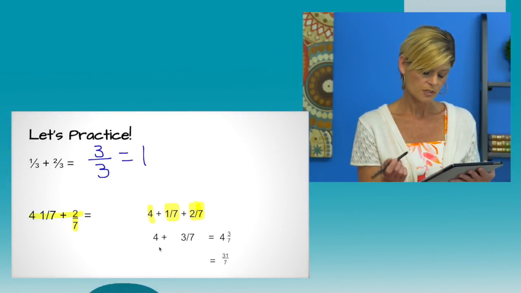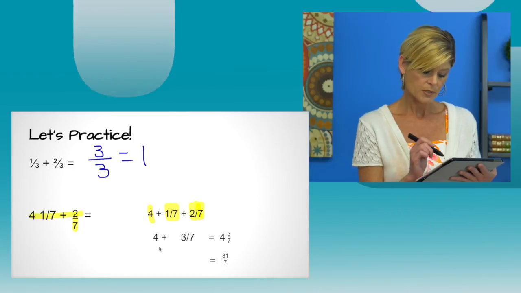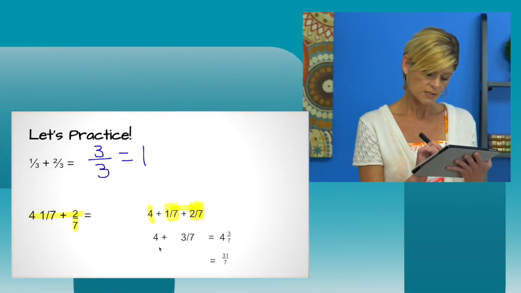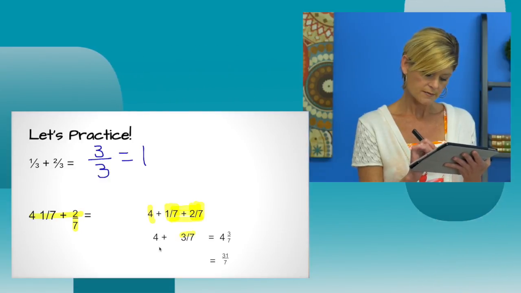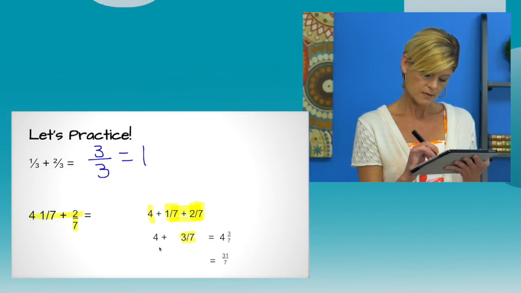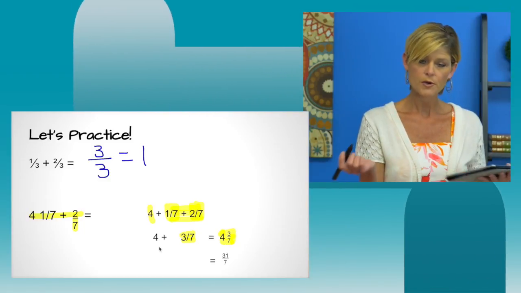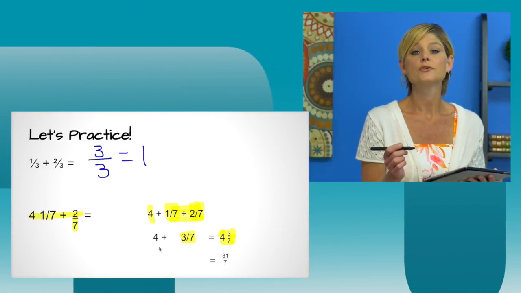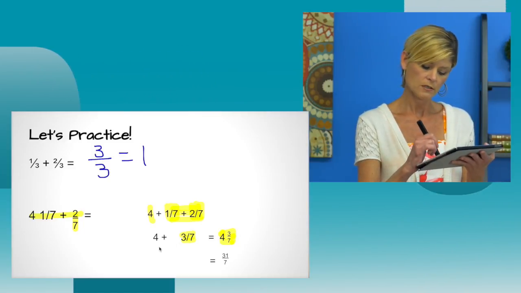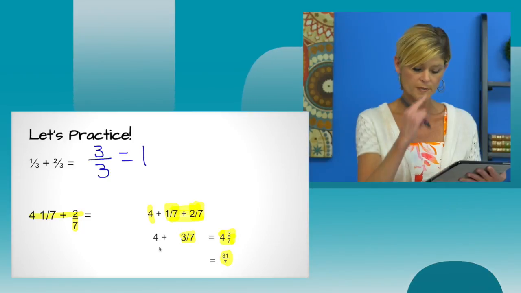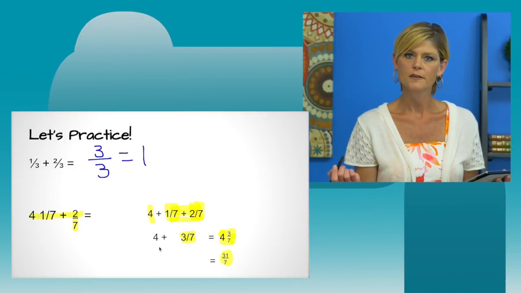So now this problem simply becomes 4 plus 1/7 plus 2/7. 1/7 plus 2/7 gives me 3/7. Then I just add the whole 4 to the 3/7, and I get 4 and 3/7. If I wanted to turn that into an improper fraction, where my numerator is larger than my denominator, it would be 31 over 7.